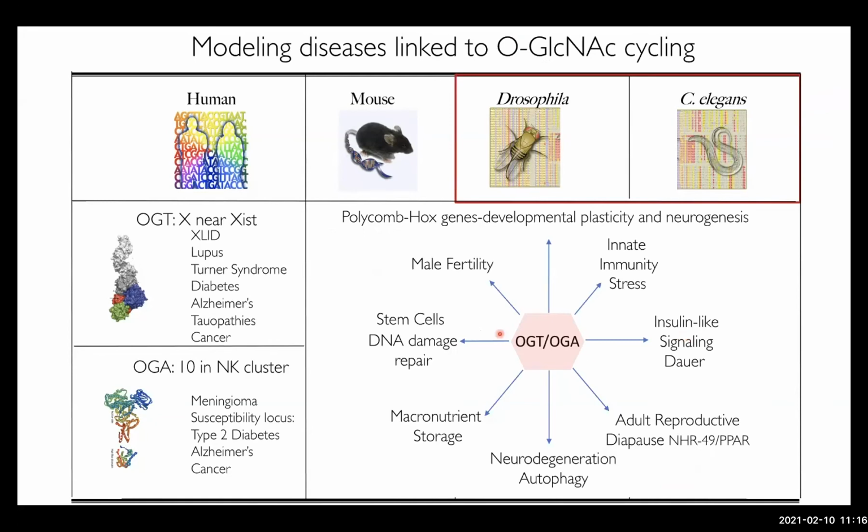What we've learned from these models is that O-GlcNAc is associated with polycomb and Hox gene expression, playing roles in developmental plasticity and neurogenesis, in innate immunity, and particularly the stress response, in insulin-like signaling, in various forms of diapause, including torpor in vertebrates, neurodegeneration and associated autophagic degradation, macronutrient storage, stem cell biology, and I'll talk quite a bit more about this, and fertility, where male C. elegans nematodes are in fact infertile.